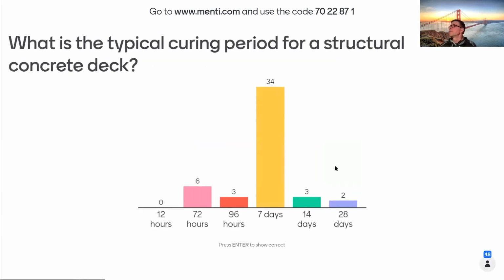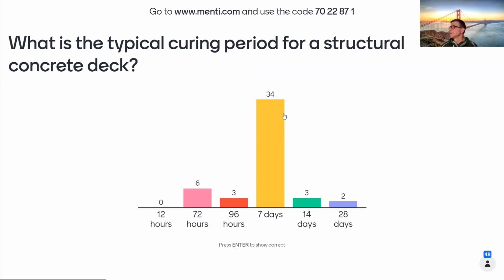What's a typical curing period for a structural concrete deck? So that one is 7 days. So again, remember the tables we looked at, 2401-1 is the main curing table. And there's kind of 3 curing tables related to curing in 2401. So be familiar with them.